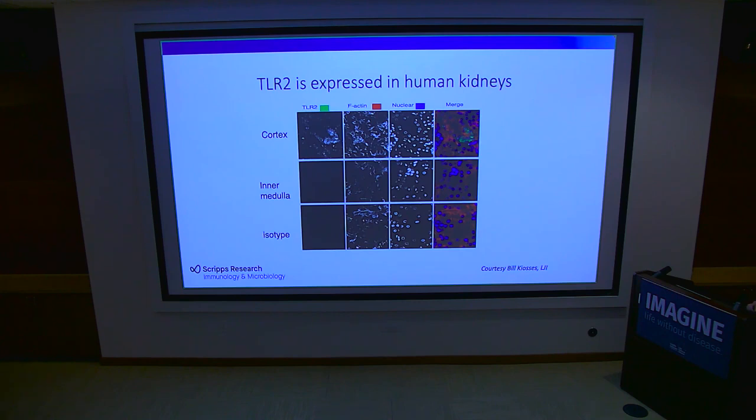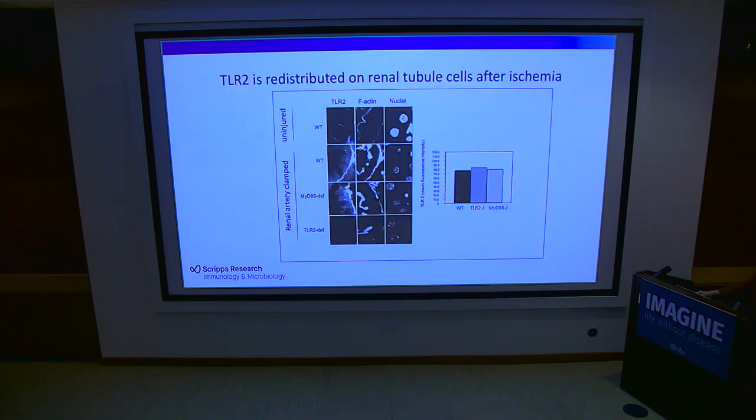As you can see, it looks like the receptor is not nicely delineated anymore on the basolateral sides. But still, in the humans, we saw the same distribution. It's present in the cortex, not in the deep medulla. And then we said, well, maybe, in the mouse models, the way we would do the staining, it took us a while to figure this out, at the time of euthanizing the animal, you would inject formalin into the kidney, so you would sort of snap freeze everything.